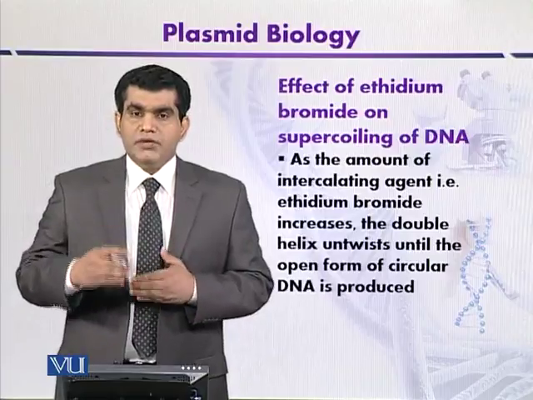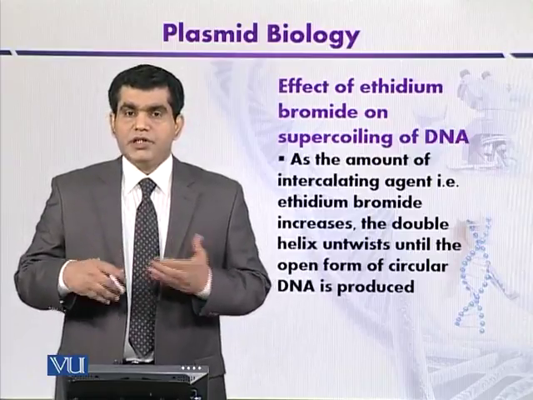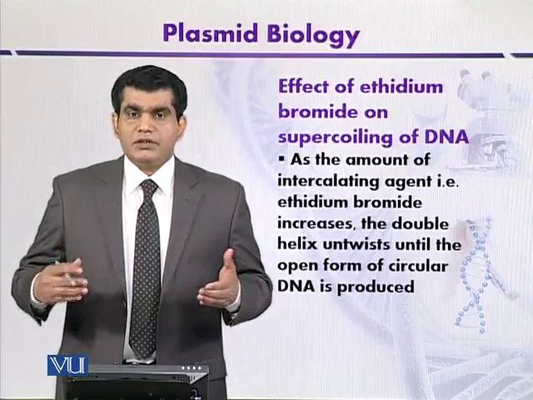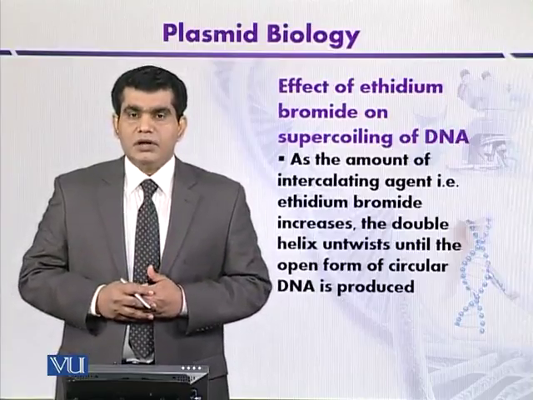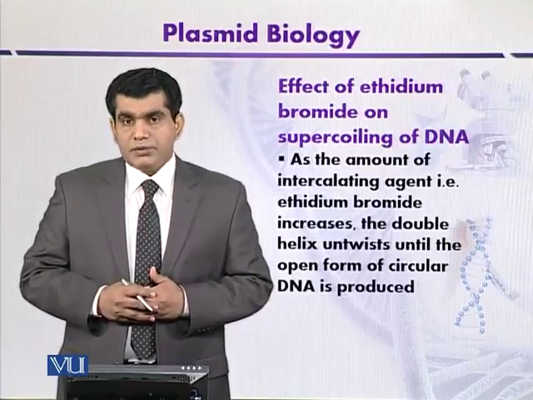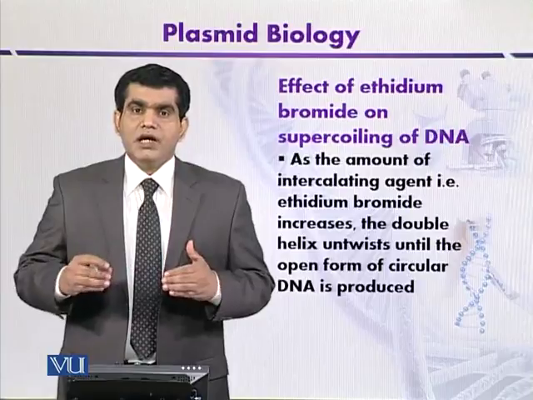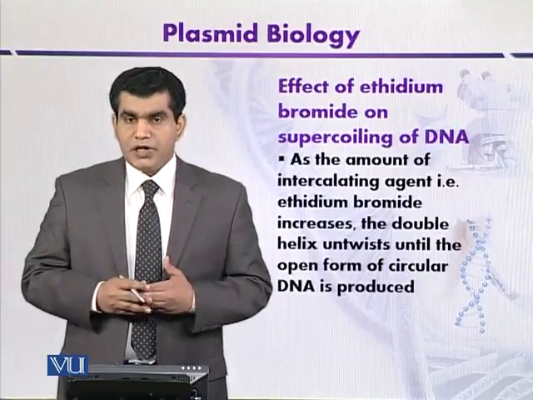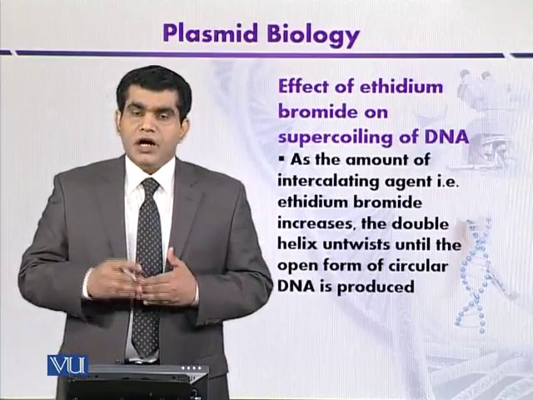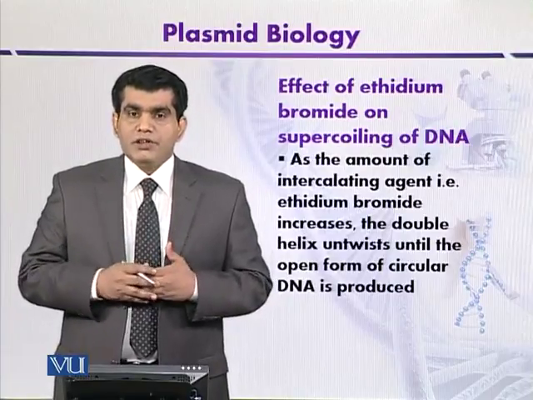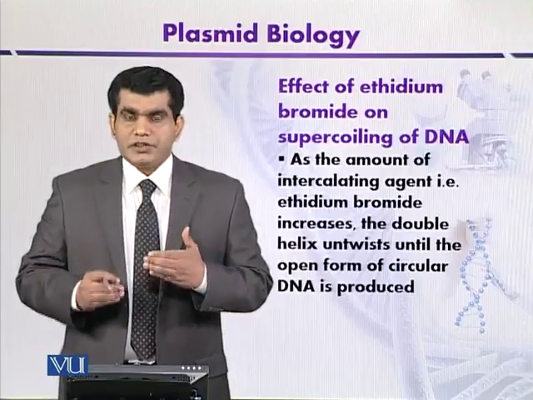When it intercalates into the DNA, it can also affect the supercoiling of the DNA. For example, if we isolate supercoiled DNA and treat it with ethidium bromide, then after intercalation, the supercoiled DNA will untwist.